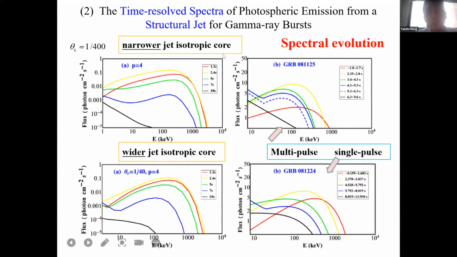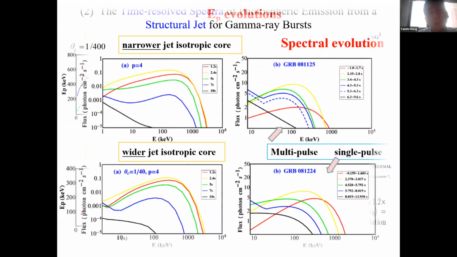Interestingly, we find that these two theoretically predicted spectrum evolutions are consistent with two types of gamma ray bursts. The upper panel shows the multiple-pulse gamma ray burst, and the bottom panel shows the single-pulse burst. We find that they just correspond to these two types of evolutions.